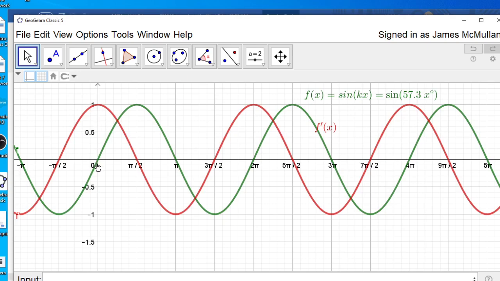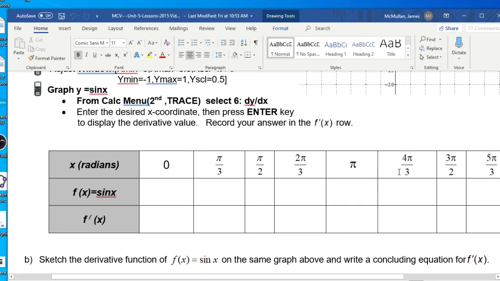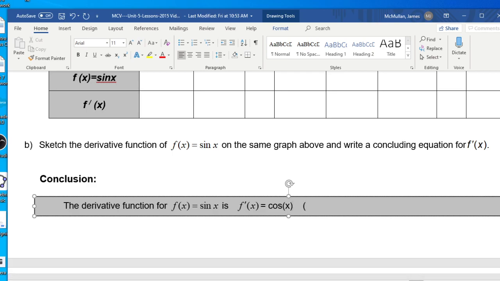So if you choose radians for your measurement, your derivatives are much easier because there's no correction required. Instead, the derivative of sine is simply cos. The first thing to understand here that's really important, I'll let you fill this in if you're interested, but I don't really think you need it: the derivative of the function sin x is cos x, as long as x is measured in radians.